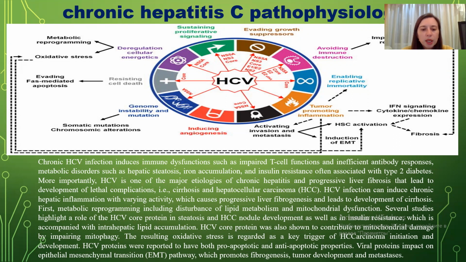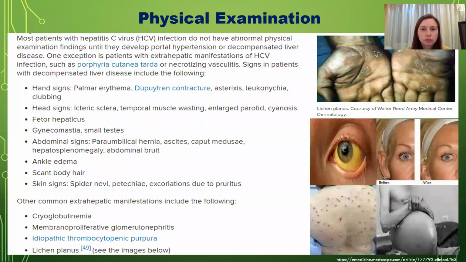Hepatitis C proteins were reported to have both pro-apoptotic and anti-apoptotic properties. Viral proteins impact the epithelial-mesenchymal transition pathway, which promotes fibrogenesis, tumor development, and metastasis.